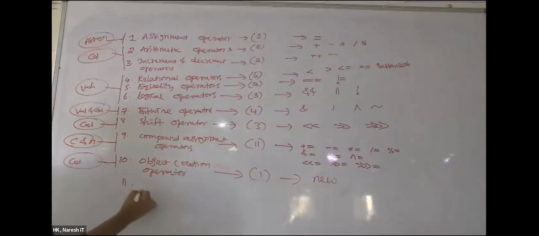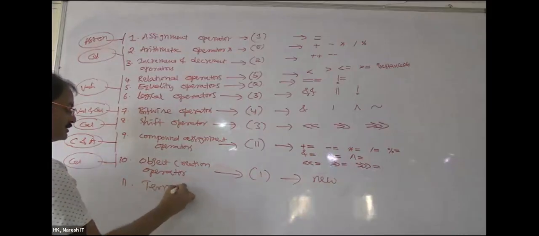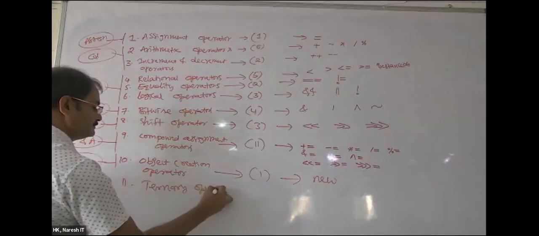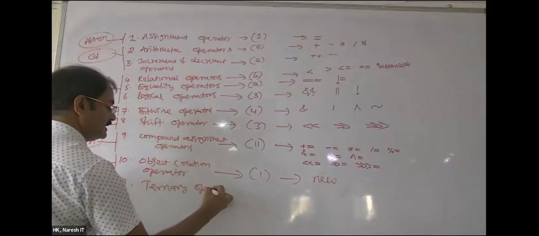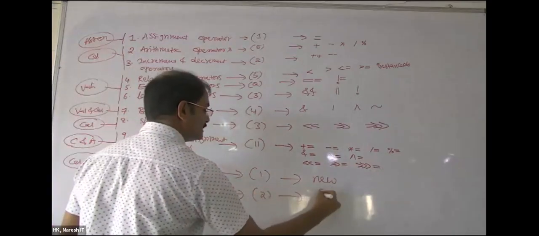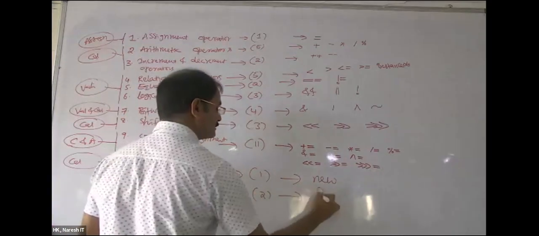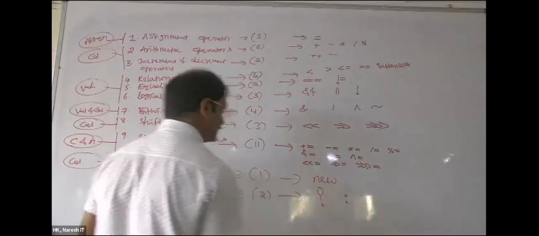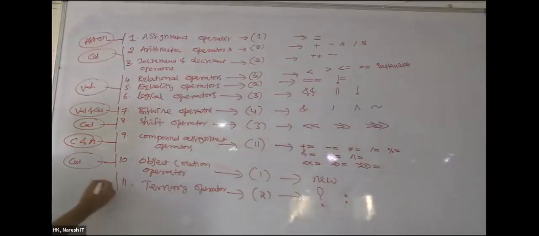Then 11th operator, ternary operator. The ternary operator is two operators. What are they? Question mark and colon. Tell me, ternary operator comes under which operation? Validation. It does if condition validation.